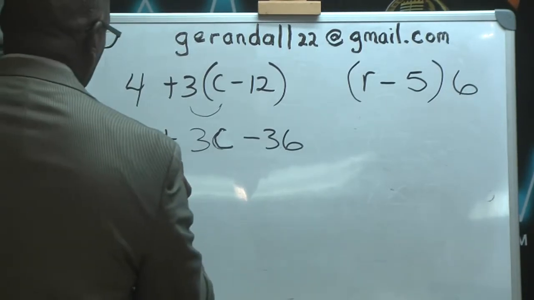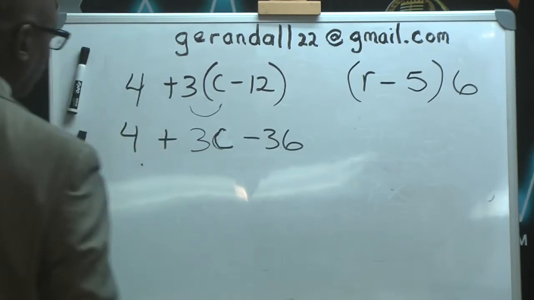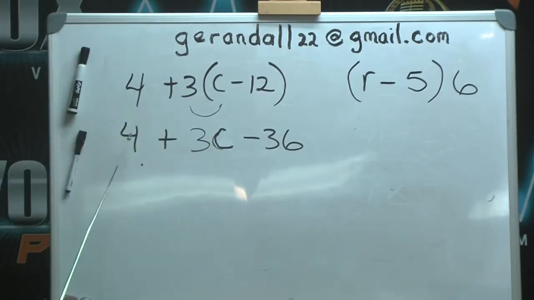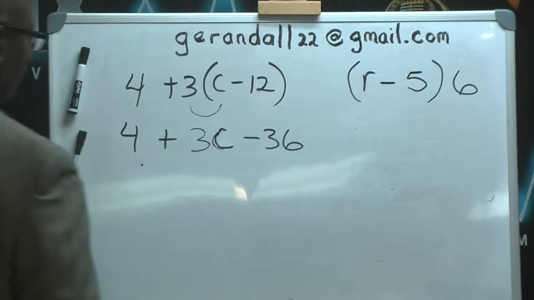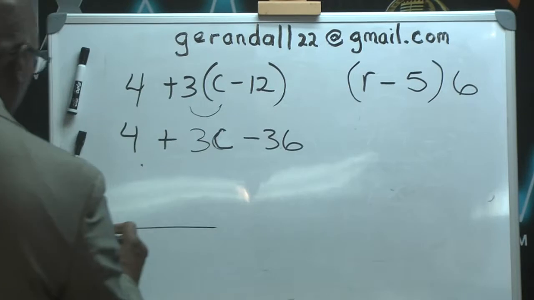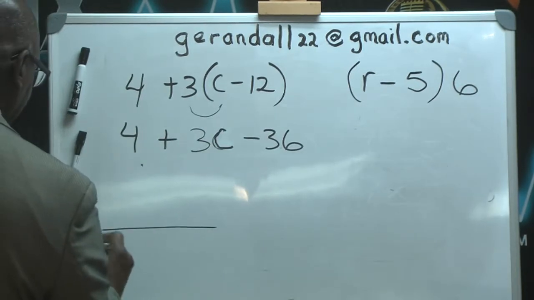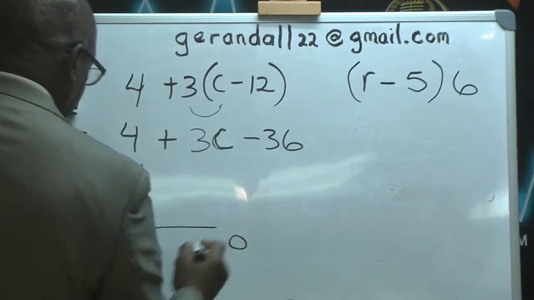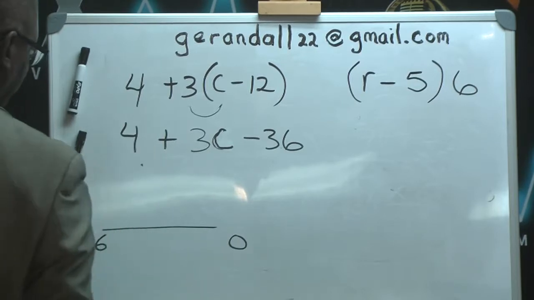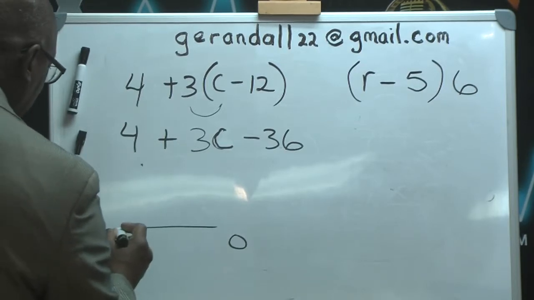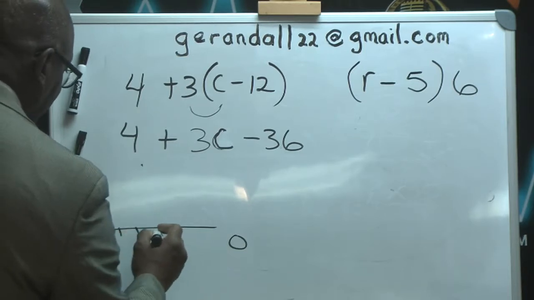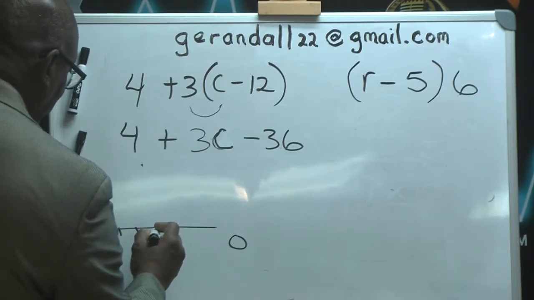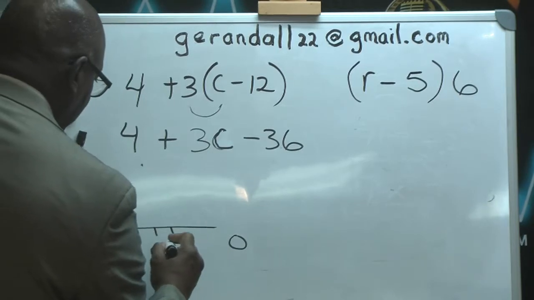And we have to combine like terms. And the only like terms here are the 4 and the 36. So, we're way over here at negative 36 from 0. And positive unit-wise, we're going to go 35, 34, 33, 32.